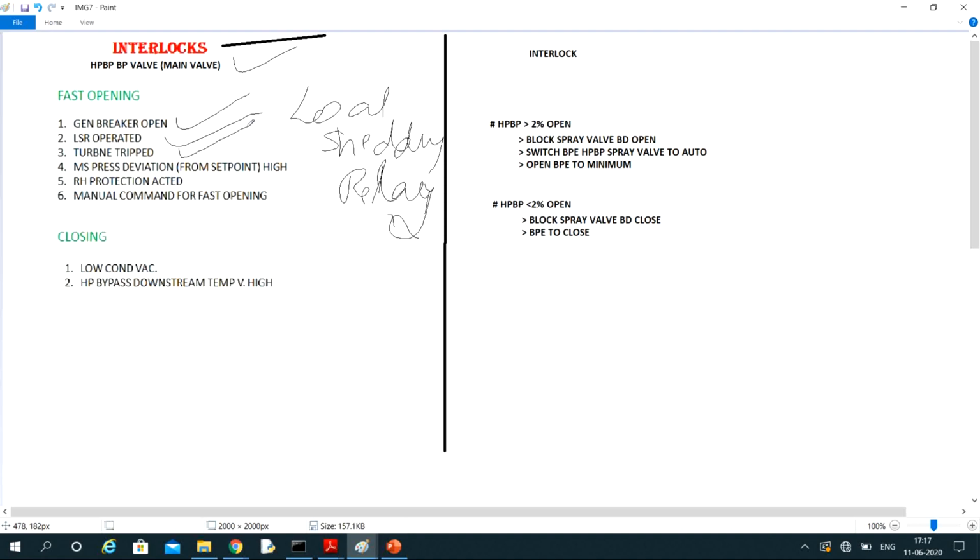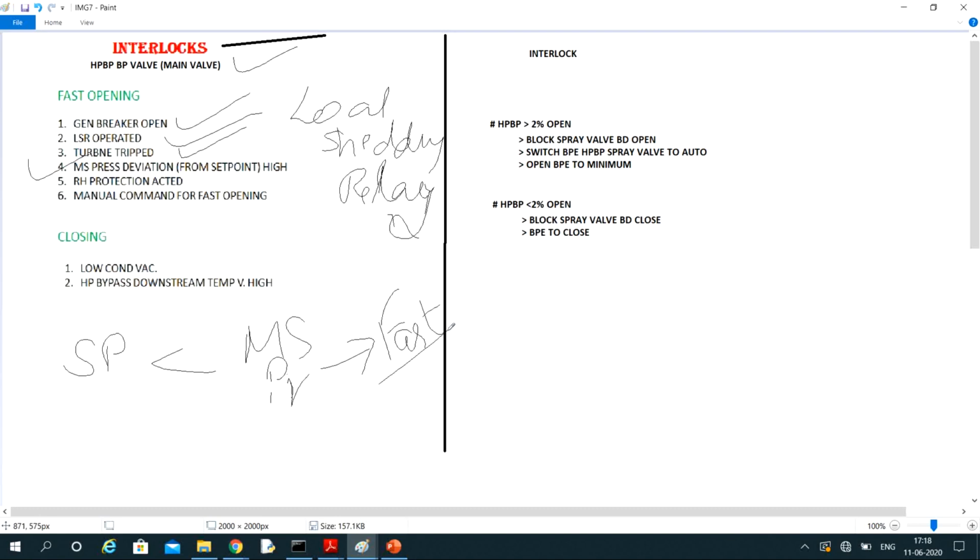The fourth one is the MS pressure deviation set point high. So in the HP bypass system, in the control system, there is a certain MS pressure set point given, and if the actual MS pressure crosses this set point, that is, if MS pressure becomes greater than the set point, then it will lead to the fast opening of the HP bypass.